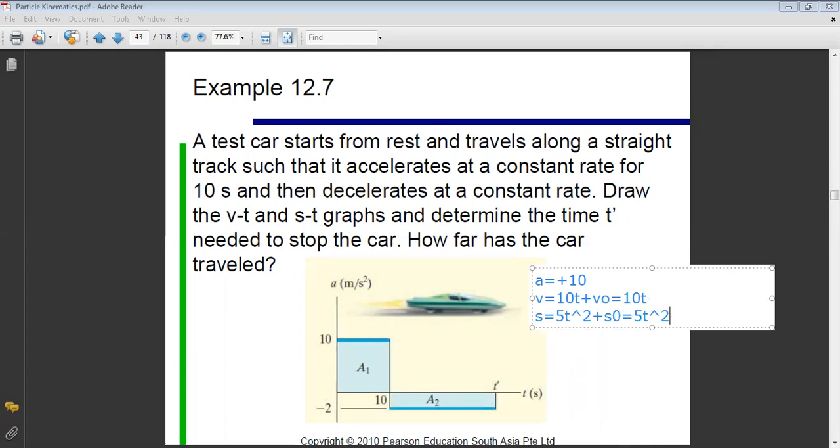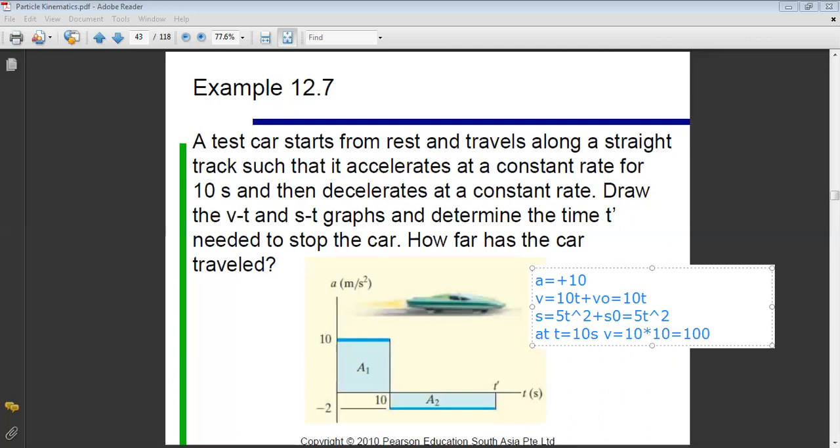I can draw then v in the first phase is linear, and s is a second degree parabola. Now, to be able to draw, I need the final point. So I need to determine the final point at t equals 10 seconds. At t equals 10 seconds, v is equal to 10 times 10, which equals 100.